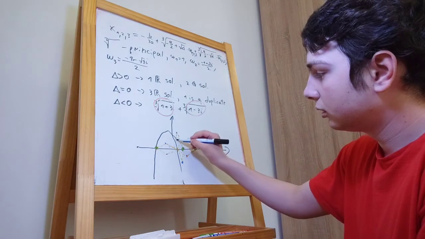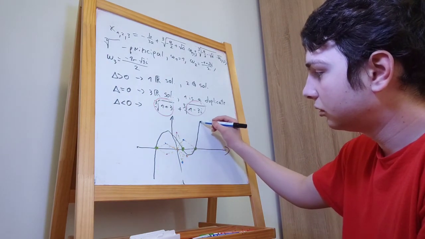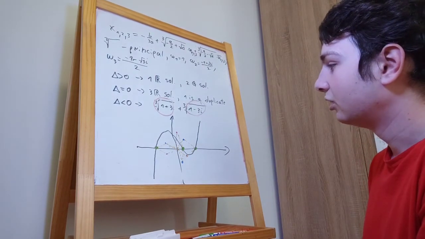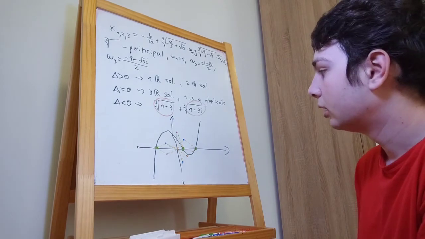And you could almost imagine a cubic graph passing through these three roots. That is it, really.